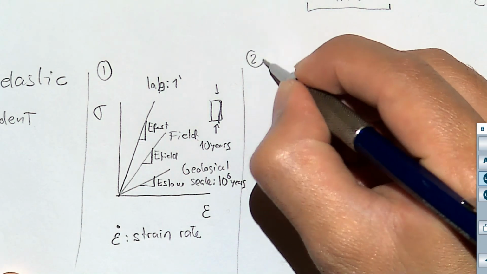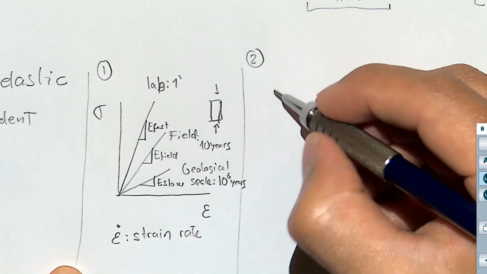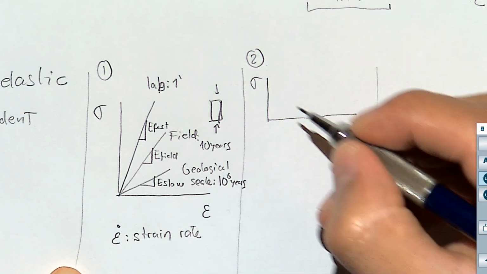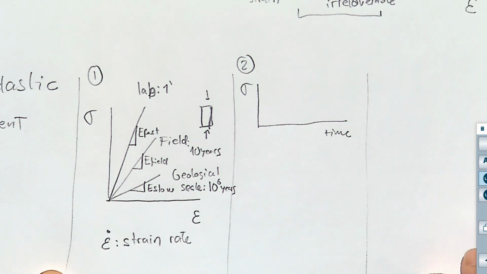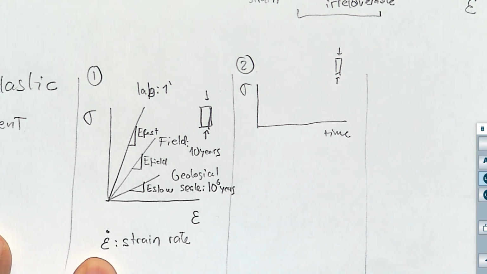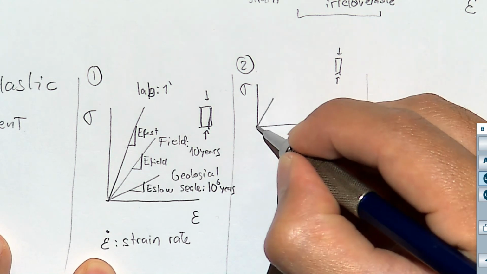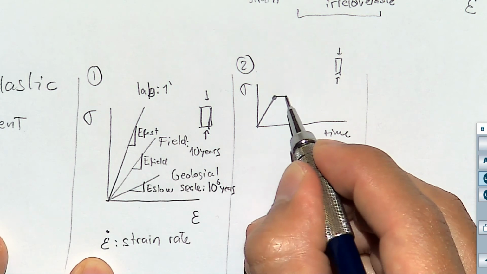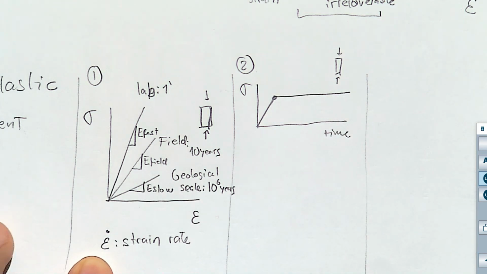Number 2, let's say that I get a rock, I load it with a load frame, and then I maintain that load constant with time.